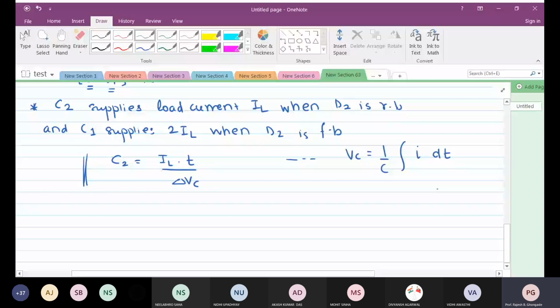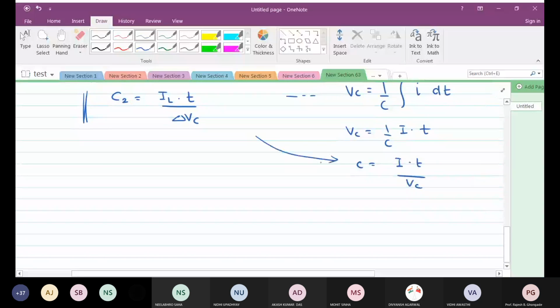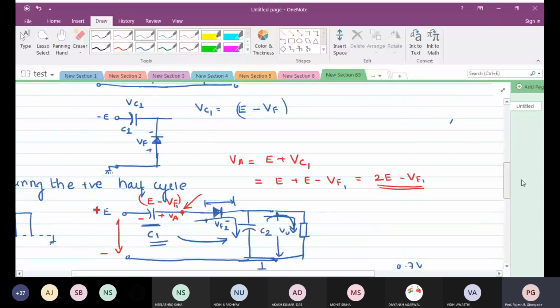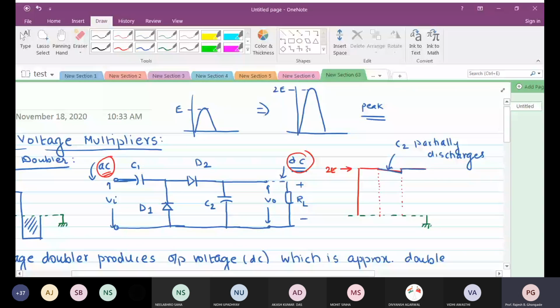So if that happens, VC is 1 by C times I into T. So C can be found as I into T by VC. You should know how this equation has been derived, or how it has been applied. As per our logic, your C1 will be twice that of C2. These are going to be the design requirements. Of course, you cannot eliminate the ripple completely. Please remember this.